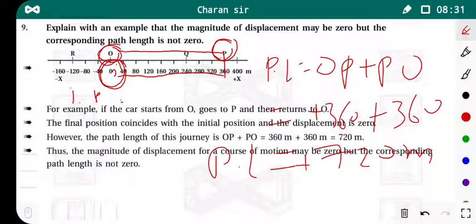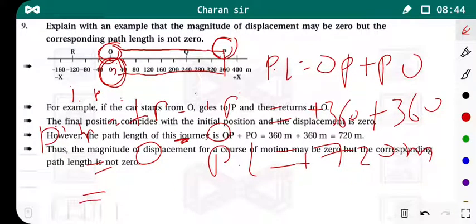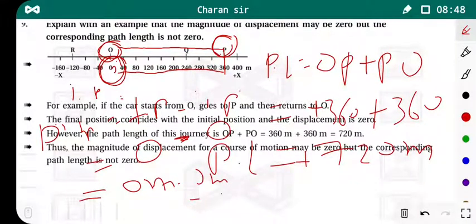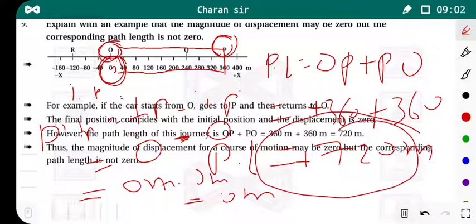Now displacement: we know that displacement is given by the final position minus the initial position. So in this case the final position is O and the initial position is also O. The position coordinate for O is 0 meters, so 0 meters minus 0 meters gives 0 meters. So from this example we conclude that the magnitude of the displacement may be 0 but the path length is not 0.